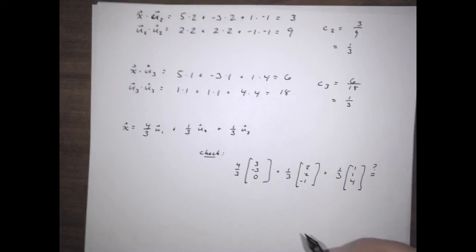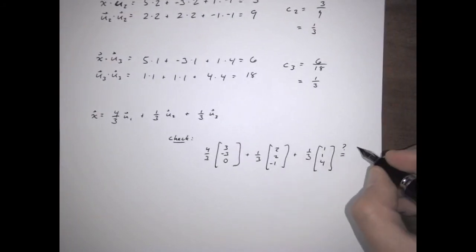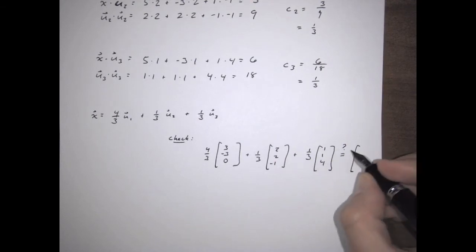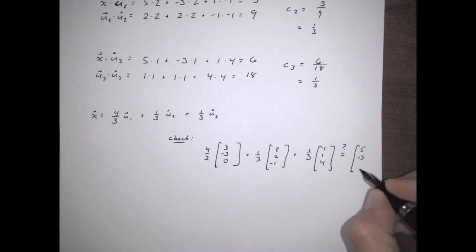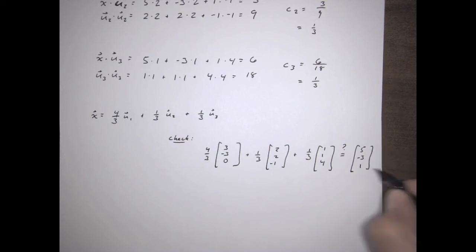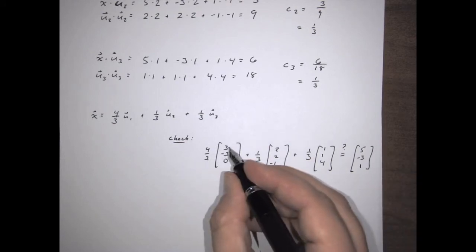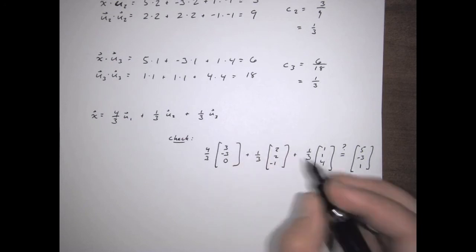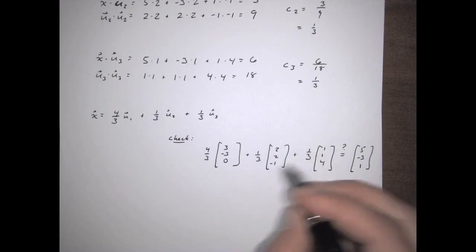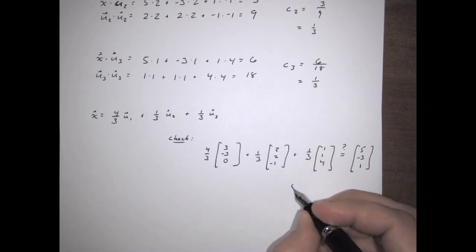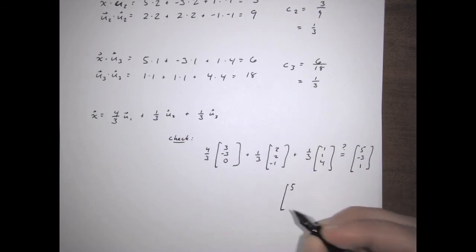If these are correct, then what I should get would be x, which was 5, negative 3, and 1. So let's think about this. 4/3 times 3 is 4, plus 2/3 plus 1/3 means 4 plus 1 equals 5. So yep, 5, it's good.